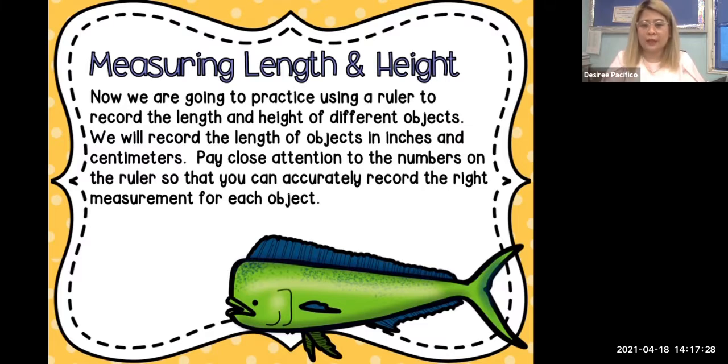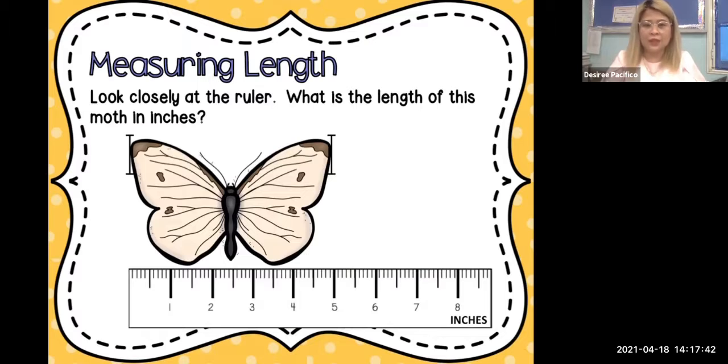We will record the length of objects in inches and centimeters. Pay close attention to the numbers on the ruler so that you can accurately record the right measurement for each object. Look closely at the ruler. What is the length of this moth in inches? Okay.